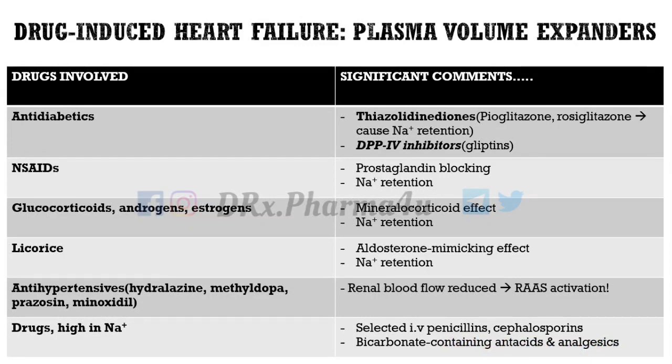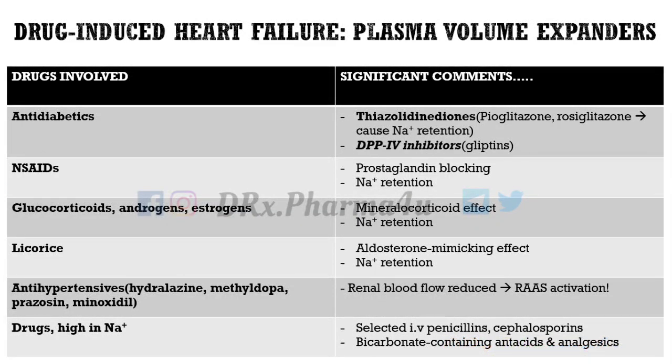Glucocorticoids, androgens and estrogens have a mineralocorticoid effect. You know the mineralocorticoid in our body is aldosterone. The RAS pathway is activated, as a result of which aldosterone is formed. Aldosterone will increase sodium and fluid, and aldosterone has another notorious problem also.